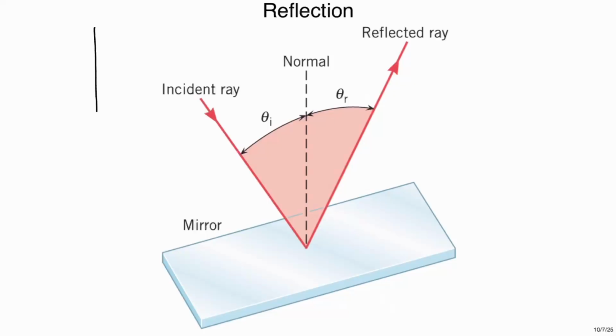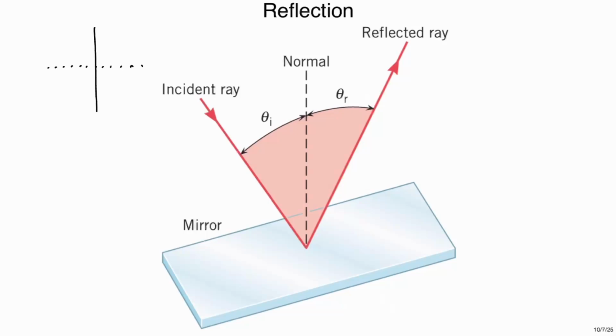And notice, and this is very important, there is this dotted line that is normal, or perpendicular, to the surface of the mirror. In optics, everything is measured from this perpendicular line. Homework, physics teachers, cruel people, will try to trick you.